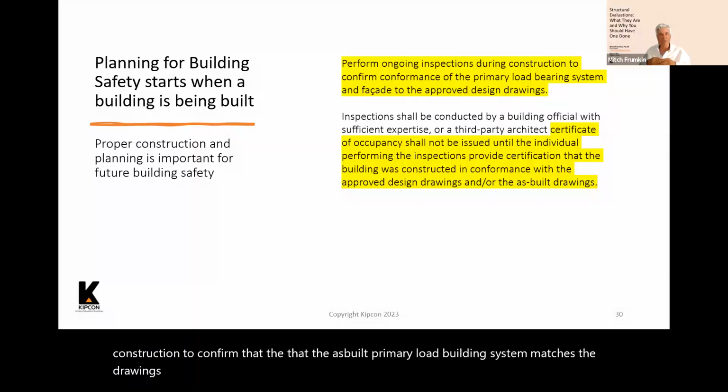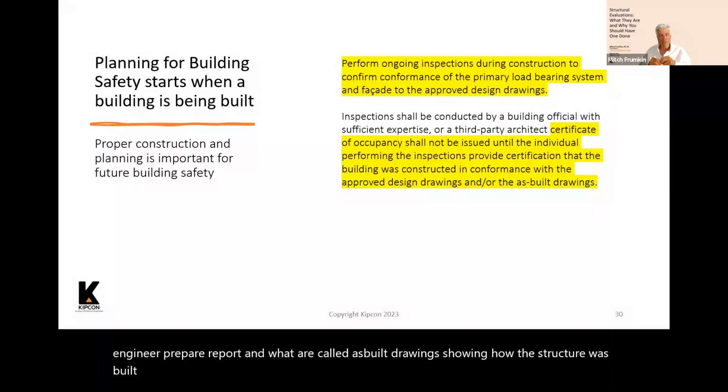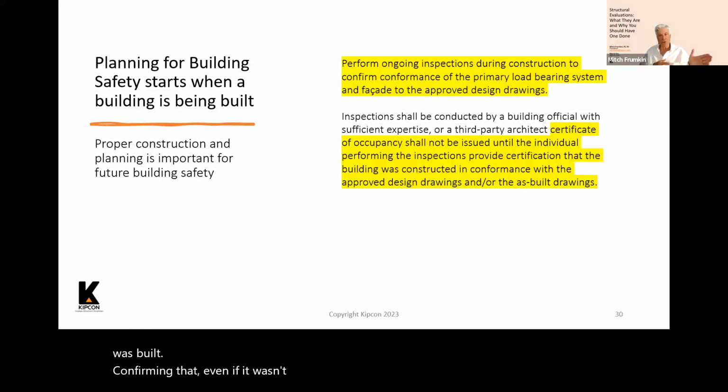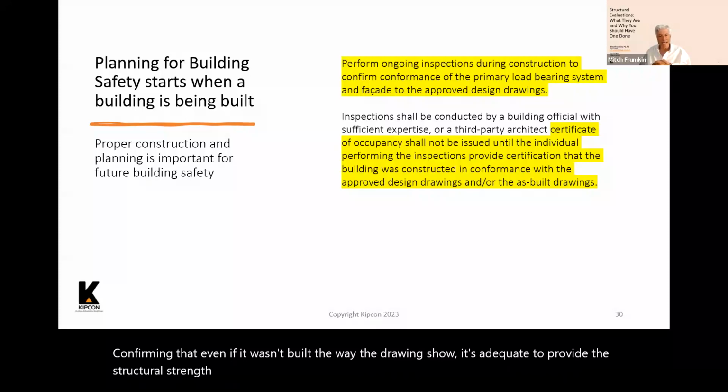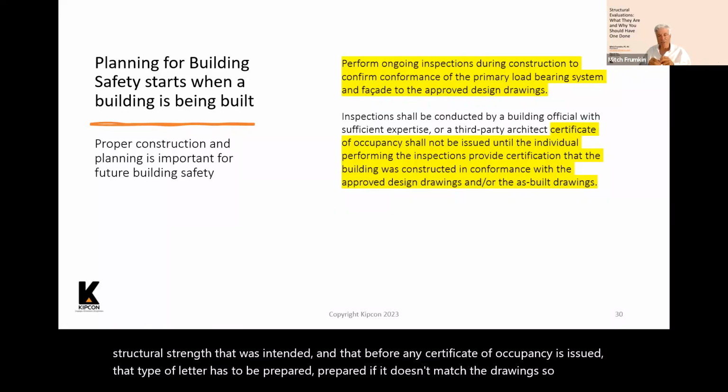If it doesn't match the drawings, there's a requirement that an engineer prepare a report and what are called as-built drawings showing how the structure was built, confirming that even if it wasn't built the way the drawings show, it's adequate to provide the structural strength that was intended, and that before any certificate of occupancy is issued, that type of letter has to be prepared if it doesn't match the drawings. So planning starts when the building is being built.